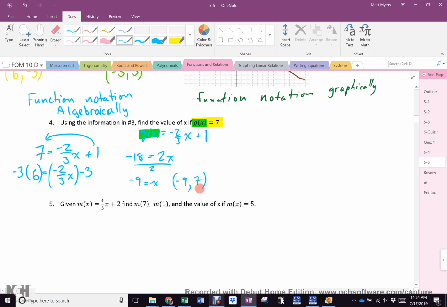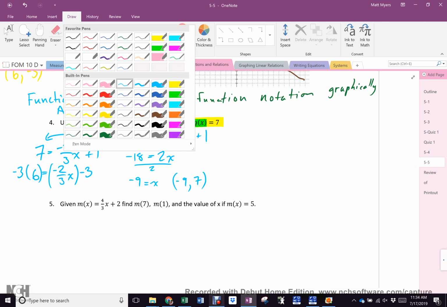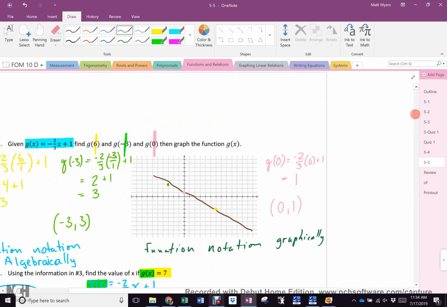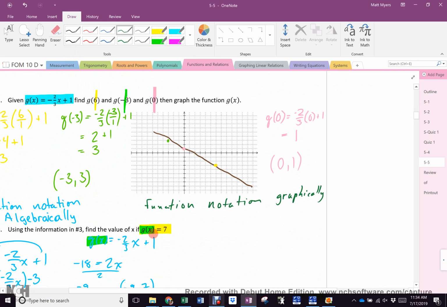Everybody good? That's algebraically. We also have to be able to work graphically. So I'm going to change color to green, and we're going to work graphically. This number right here, is that an x or a y value on our graph?